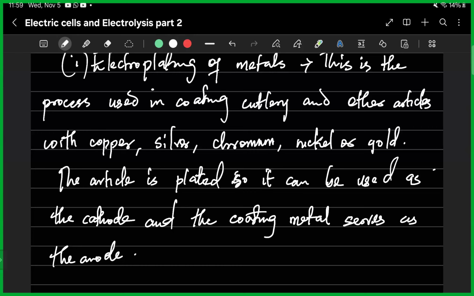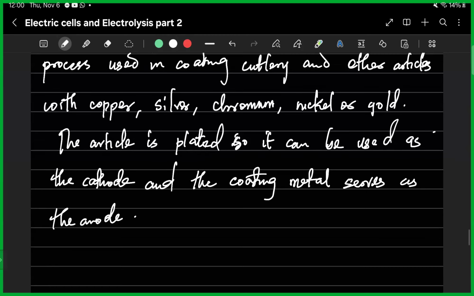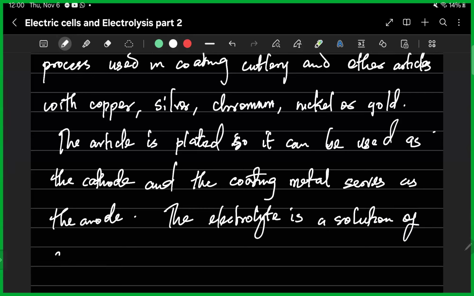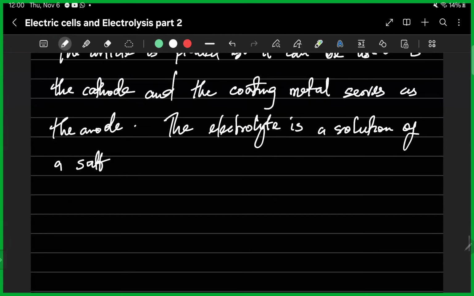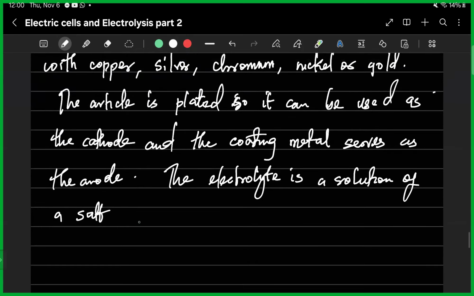The electrolyte in electroplating, for the picture we're painting, is a solution of a salt of the plating metal.